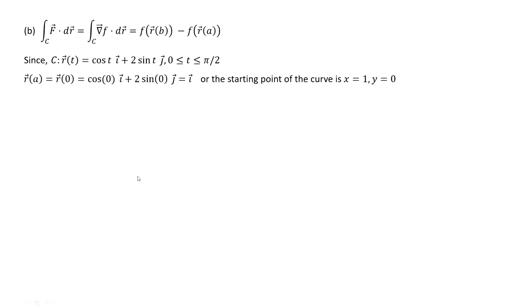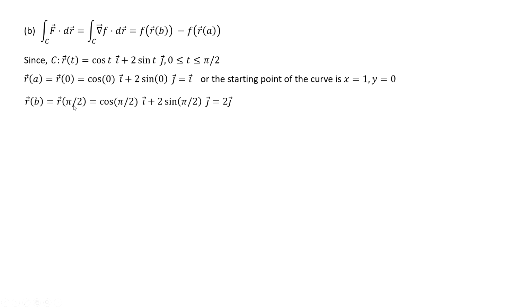The starting point of the curve is x equals 1 and y equals 0. Where am I getting that from? And why do I need that? I'll tell you in just a second. r of b, on the other hand, b happens to be pi half.